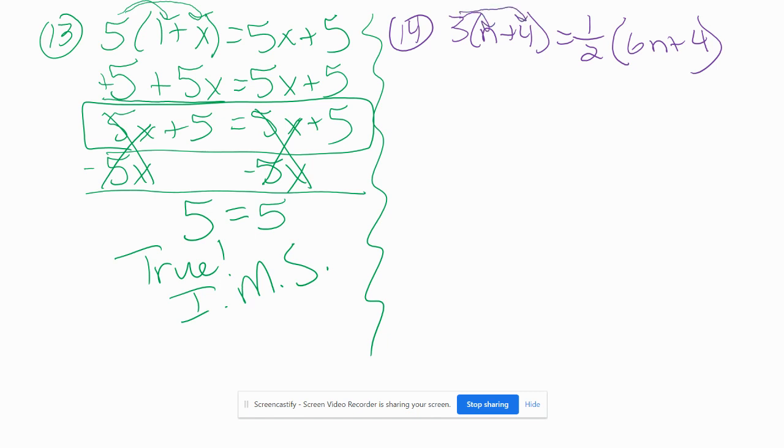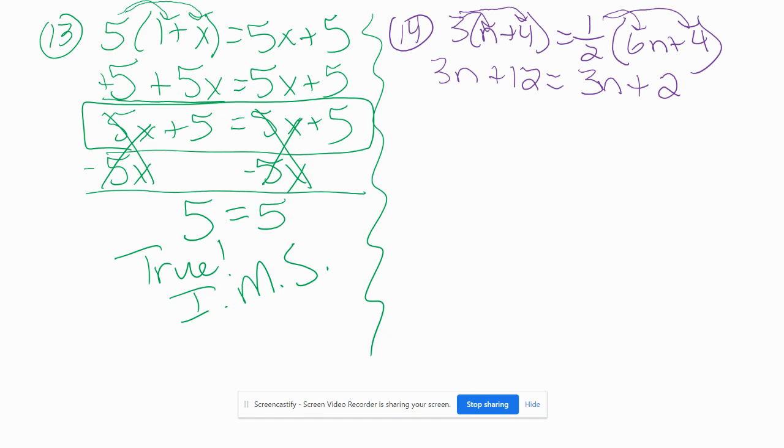Distribute to get rid of the parentheses. 3 times n is 3n. 3 times 4 is 12. Distribute the 1/2. Remember, multiplying by half is the same as saying I want to take half of whatever that number is. So half of 6 is 3, and we still have that n there, plus half of 4 is 2.